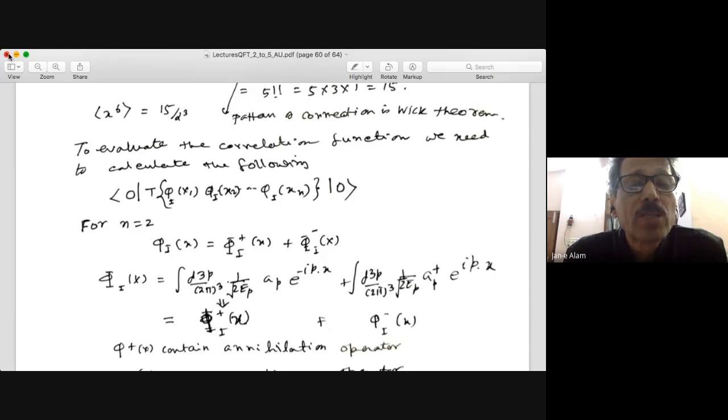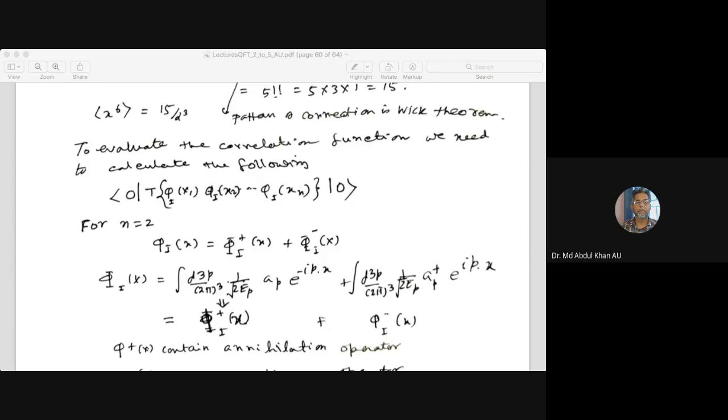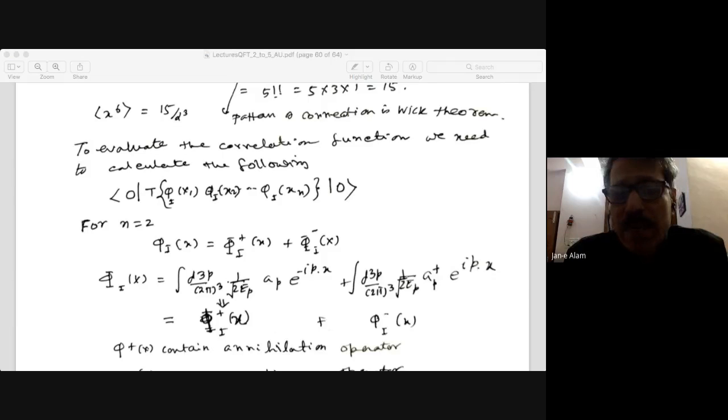Very frankly, quantum field theory is a difficult subject. There is no doubt about that. That is why I am not trying to jump over anything. If your concept is built correctly, this is interesting. And since this is the only successful theory for the microscopic universe, if you know quantum field theory very well, you will be able to work in particle physics, nuclear physics, condensed matter physics, whatever.